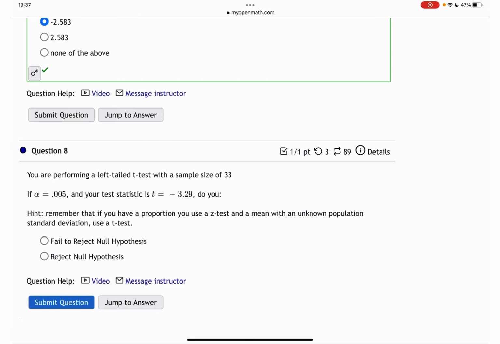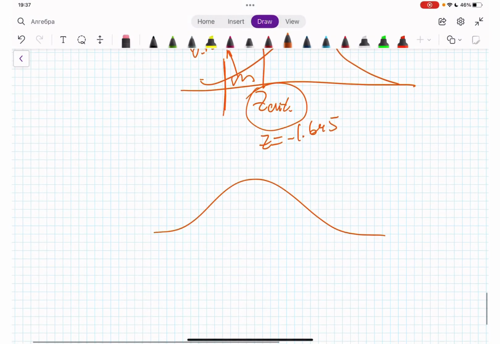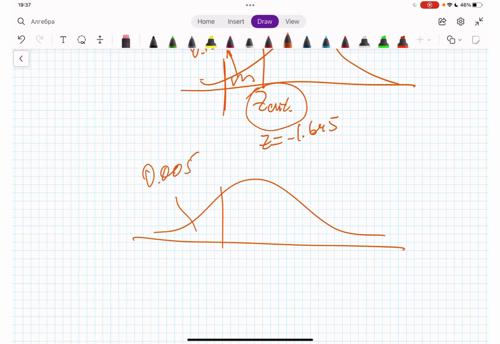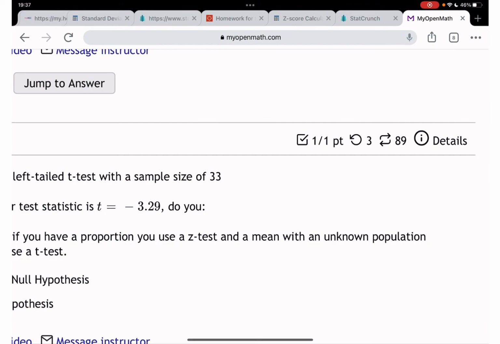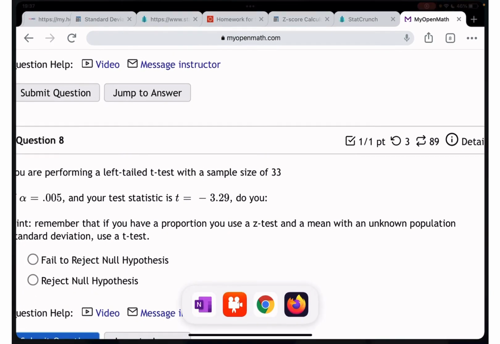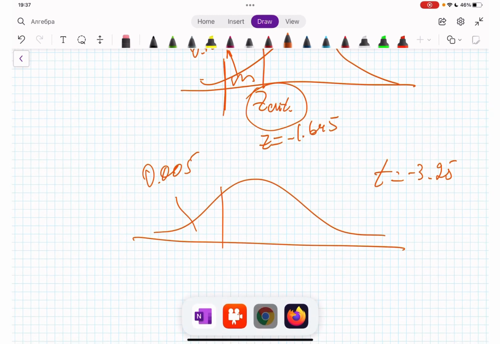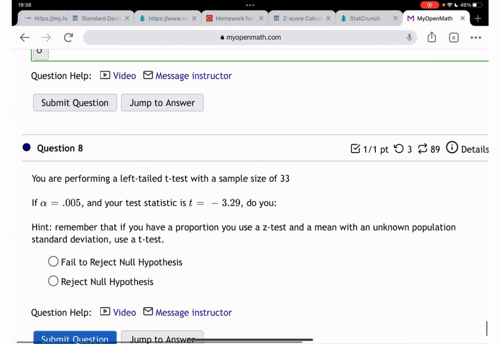So alpha equals 0.005, so two zeros there. And T is negative 3.29. What tail do we have? Let's find out. Left tail.